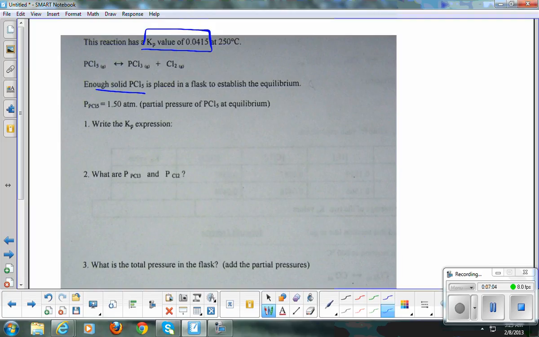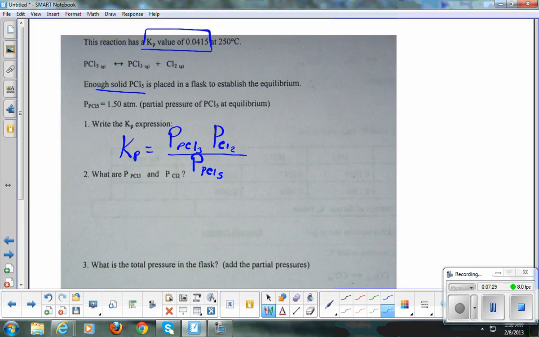Okay, so we're going to write a Kp expression. So Kp for this balanced equation is what? Now, when we do pressure instead of concentration, this is how we write it: the pressure of PCl3 times the pressure of chlorine divided by the pressure of PCl5.